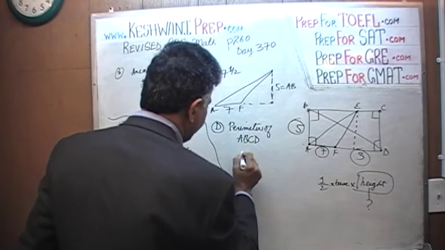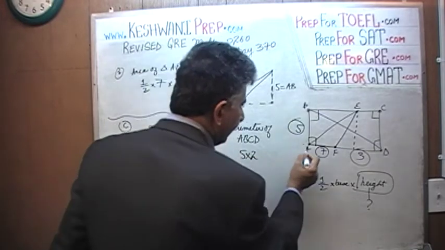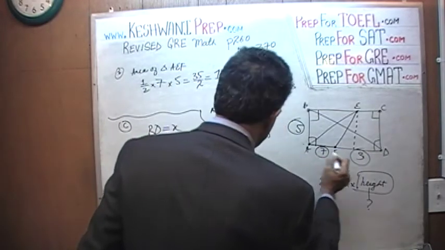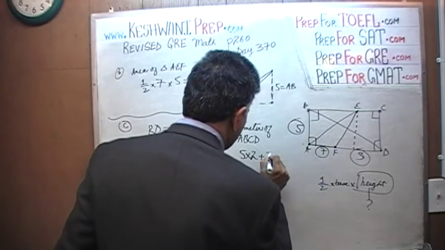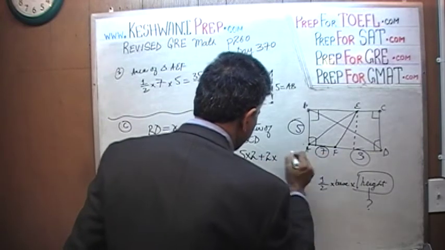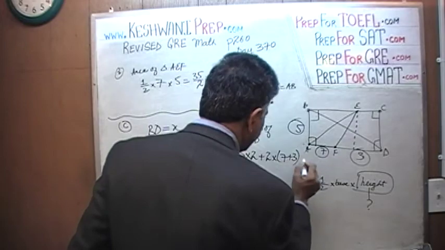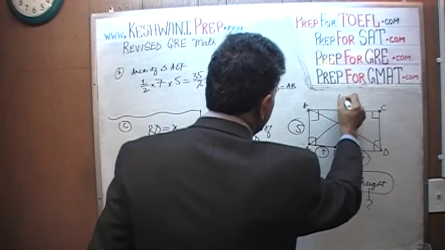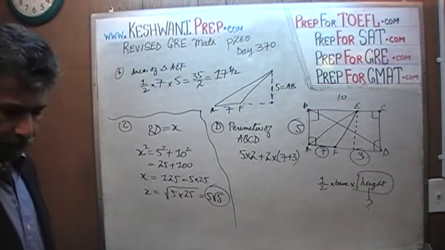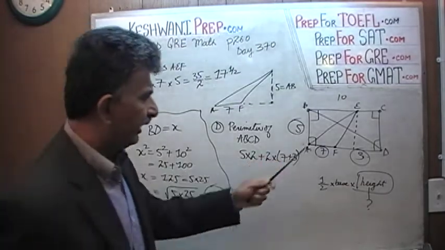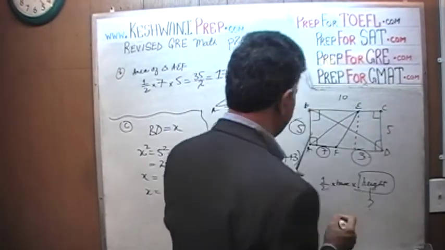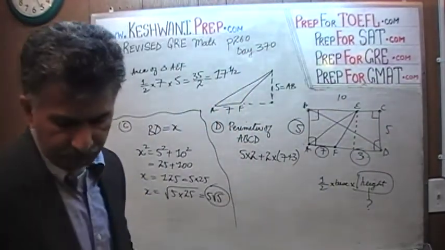A to B is 5, so it's 5 times 2, and A to D is 7 plus 3, so it's 2 times 7 plus 3, because this side is the same as that side. That's it. 2 times 5, this is 5 and that is 5, 2 times 5 and 2 times 10, it's just 30.